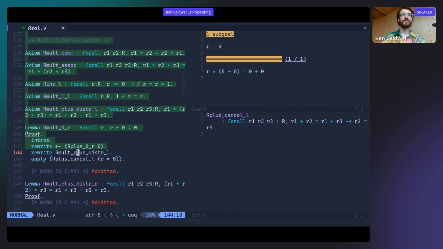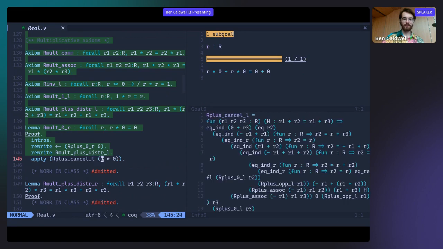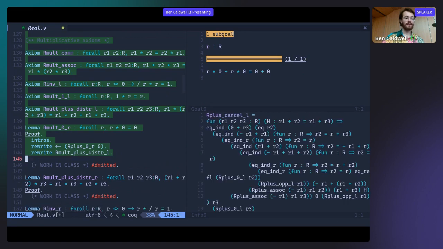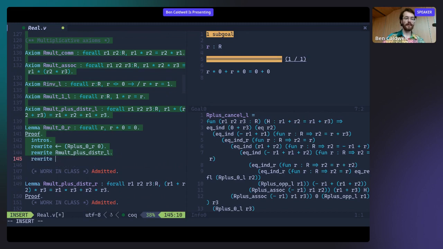So we want to distribute first, so distribute like this. Yes, then change probably the right 0 to minus 0, because we know that there. So we have, yes, and then R times 0.